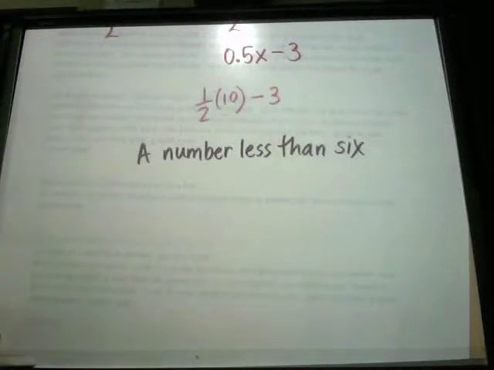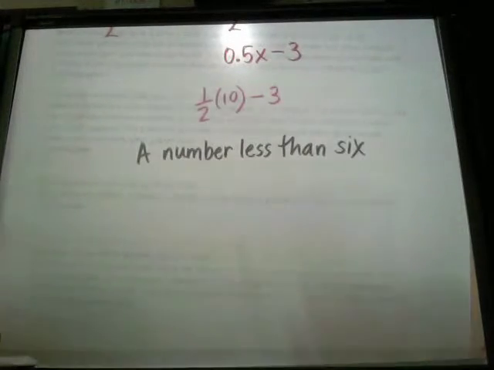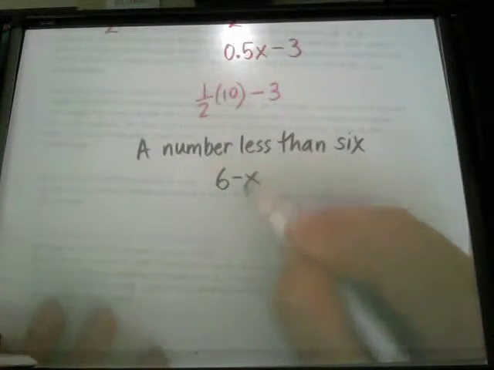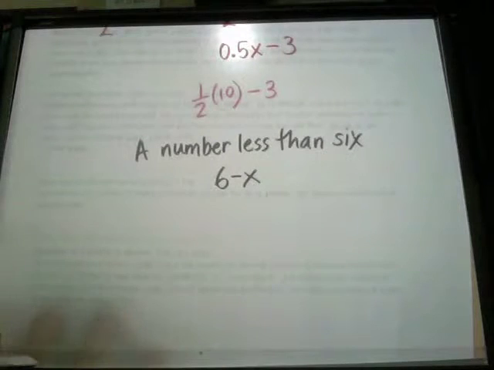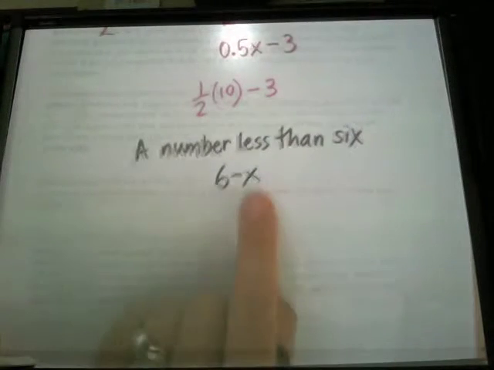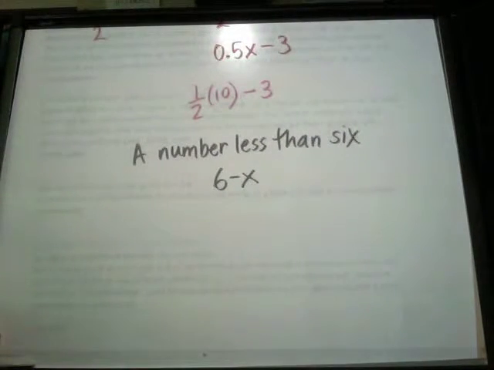Or it could say x less than 6. Some amount less than 6. Well, if it's less than 6, we're taking that amount away from 6. So whatever that amount is, it would be subtracted from the 6. Okay?